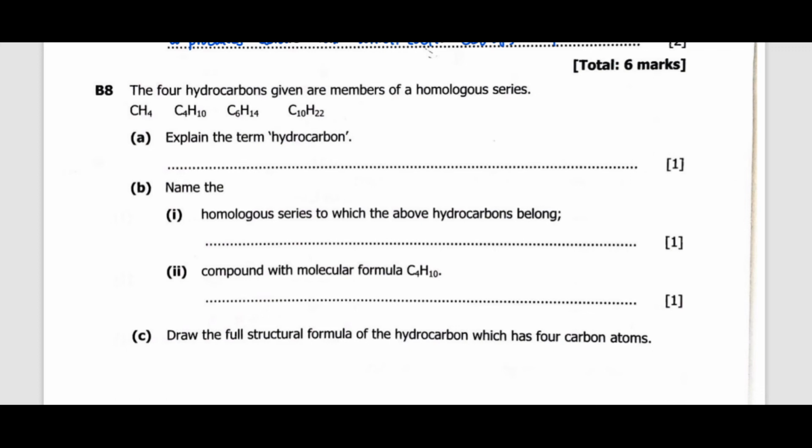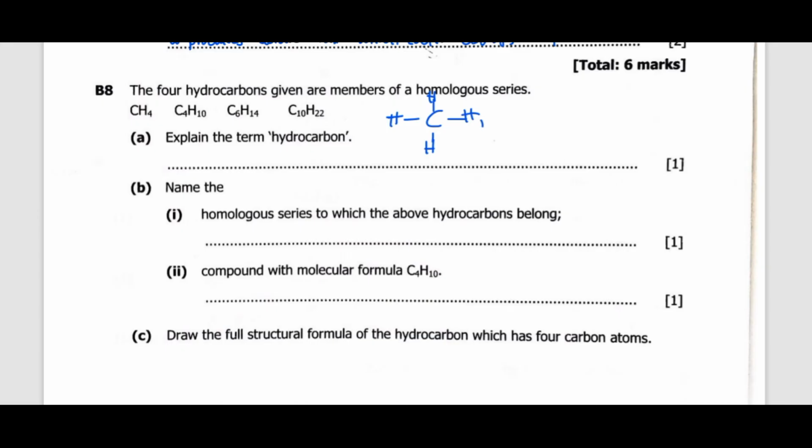So we go to question 8. The 4 hydrocarbons given are members of a homologous series. Okay, so the first one we just have this, so it's methane with 1 carbon.